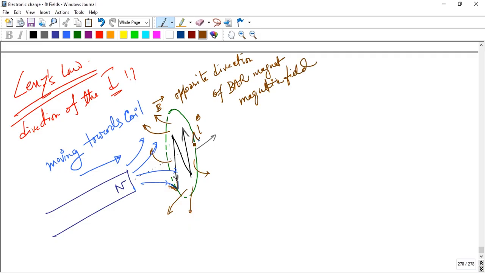Okay, if it is moving towards the coil, we show it as N, so suppose this is called the anti-clockwise case.